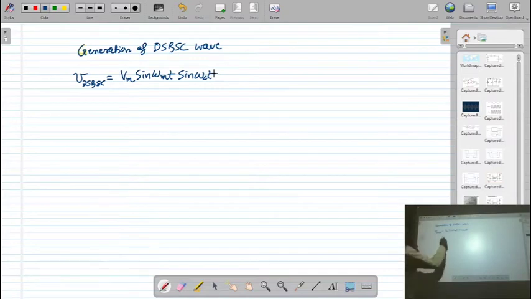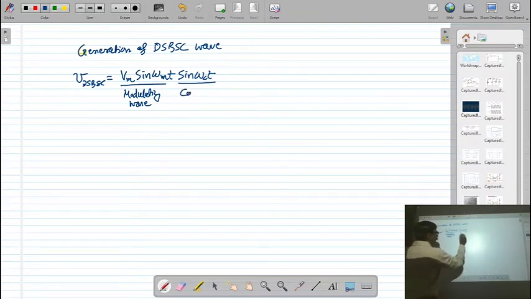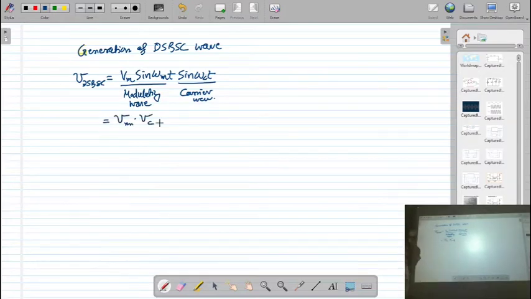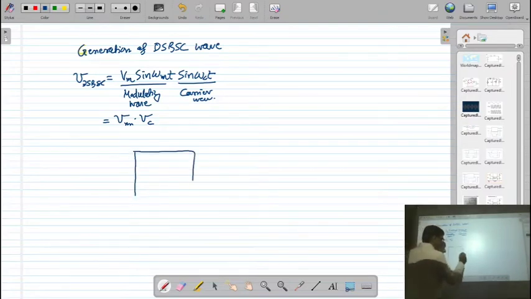It is a product of, remember, Vm sine omega mt, which is my modulating signal, the modulating wave, and sine omega ct, which is my carrier wave. Correct? So we can say it is Vm into Vc. So if we use a kind of multiplier circuit, then we can generate a DSBSC wave. So here the multiplier circuit will be there, or you can say it is a product modulator.